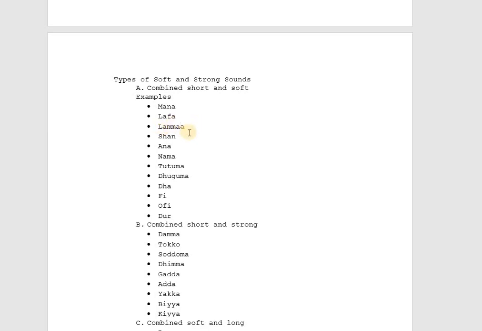Ma is now not lama but lamma, and it is also long, no more short, because I stay on saying ma, lamma. Here is the original one. It is short and soft. Lama, ana, nama, tutuma, uguma, da. So these words, we call them short and soft.